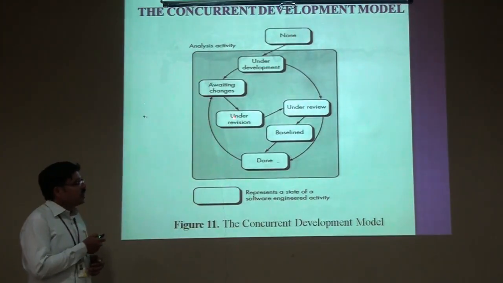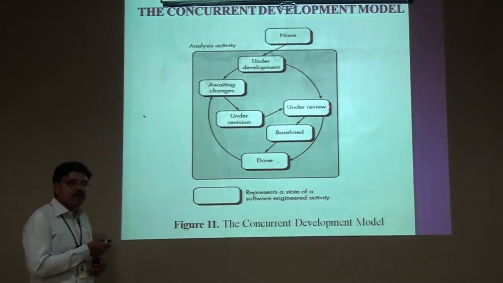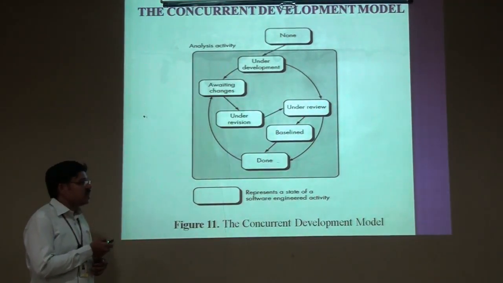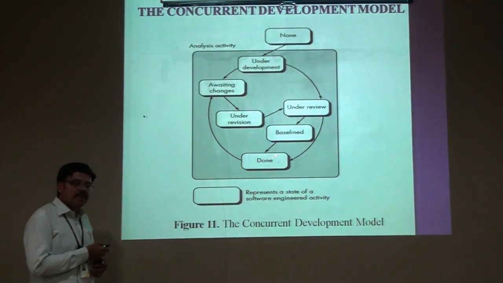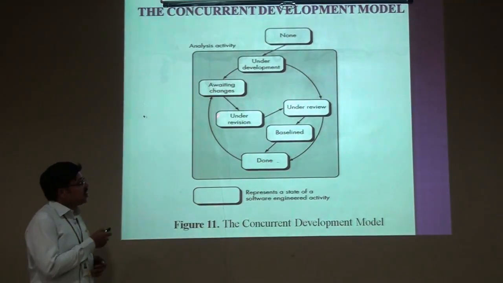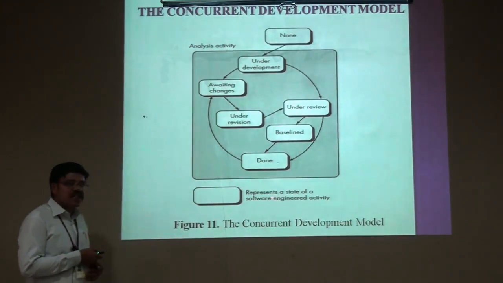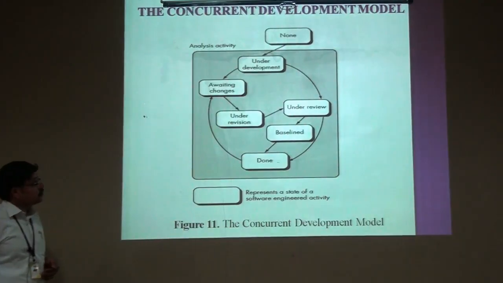It will move to the under revision state if there are any changes to be carried out, and then it will be moved on to the review process. Once the review is completed, it will be baselined, and finally the product will be implemented and deployed to the customer. Each and every box here represents the software engineering activity carried out in this concurrent development model.